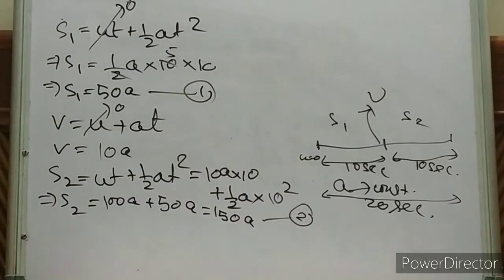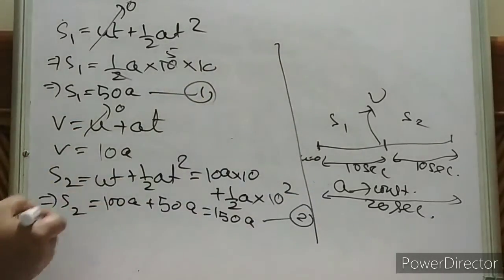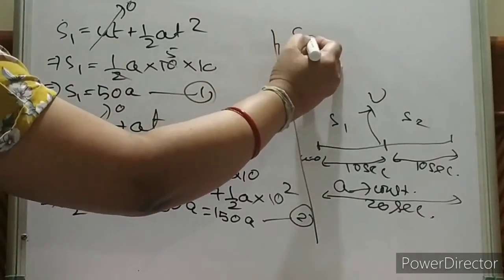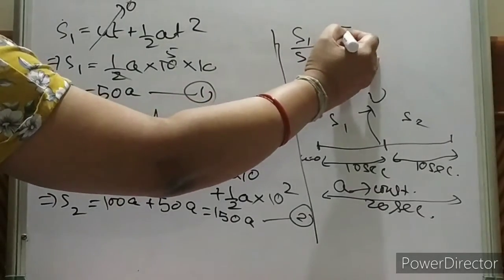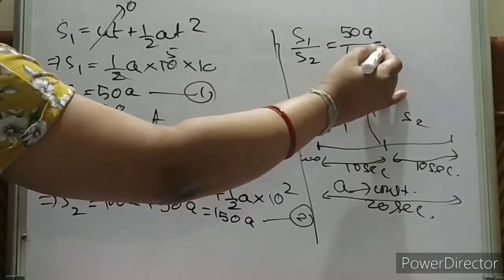Now how to find out the relationship between S1 and S2? Divide S1 by S2, easily you can get. It is up to you how to do. S1 is 50a and S2 is 150a.